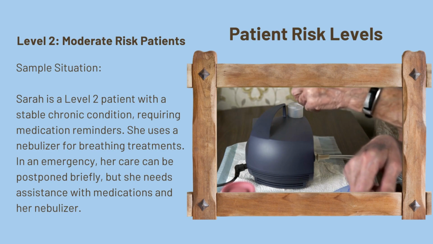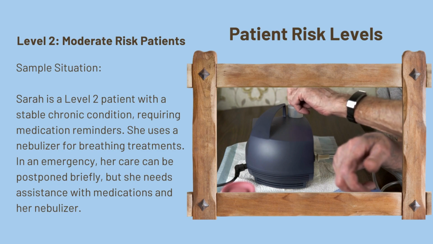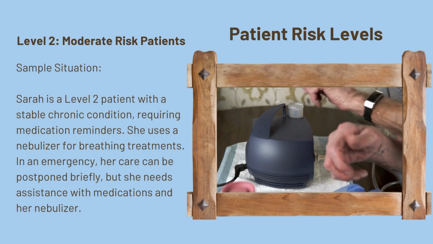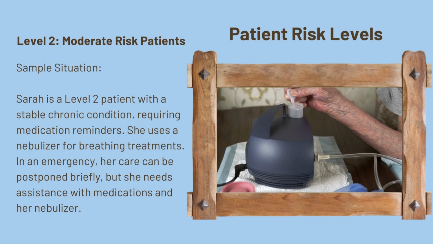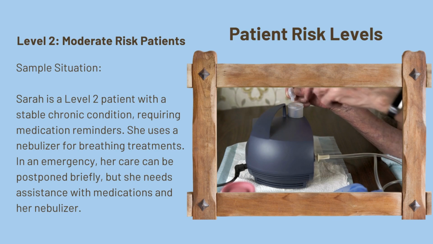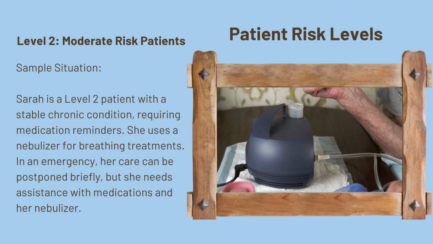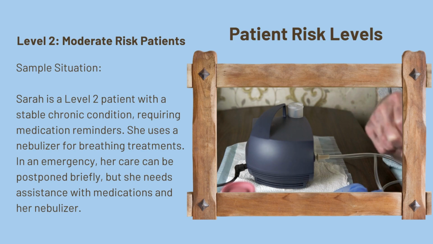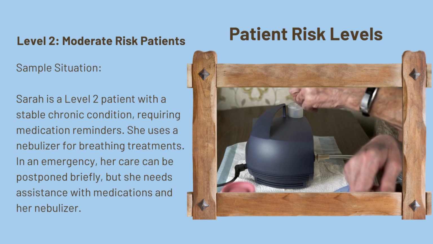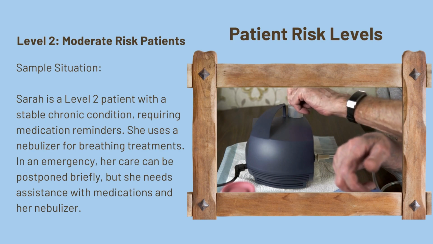Let's take a look at Sarah, a level 2 patient with a stable chronic condition, requiring medication reminders, who uses a nebulizer for breathing treatments. In an emergency, her care can be postponed briefly, but she will always need assistance with medication and her nebulizer.